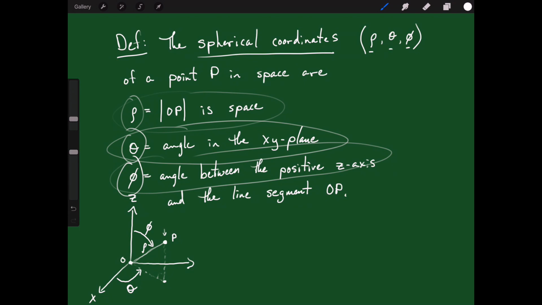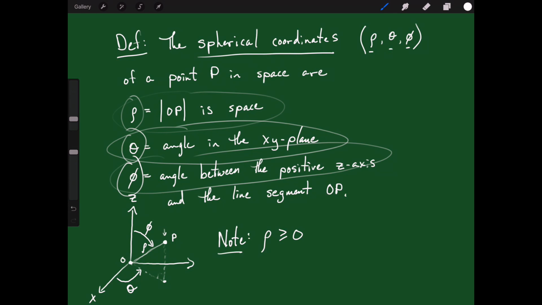All right? Now, there are a couple things that you need to note here. The first is that rho is always going to be greater than or equal to 0. In polar coordinates and in cylindrical coordinates, we did not make this extra condition on r.